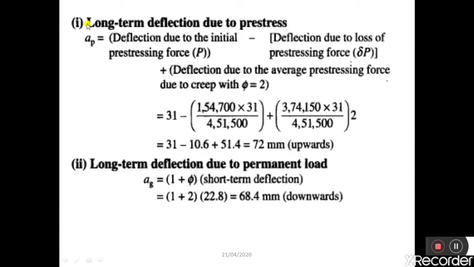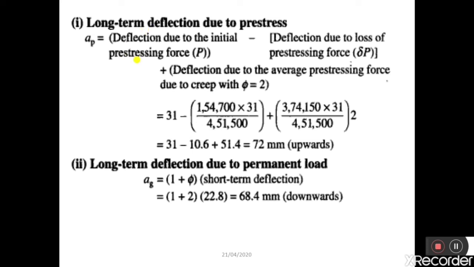Now let me calculate long-term deflection only due to prestress. In this case, I am not going to consider the deflection due to load. I hope you remember the first formula to calculate long-term deflection, which was given in the previous session. I am using the same formula here, but it is split into two parts.